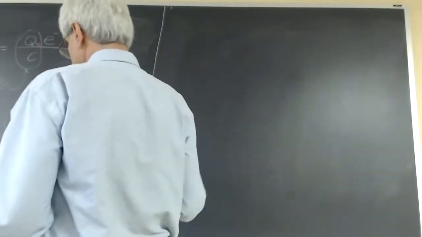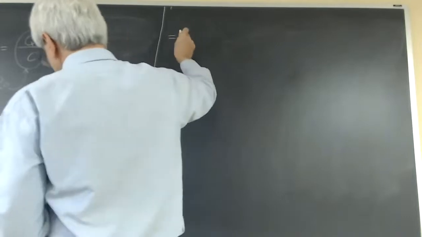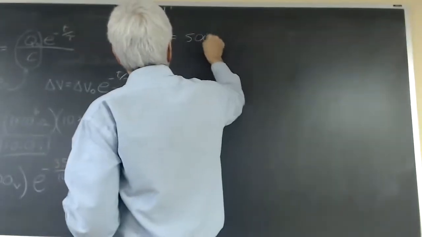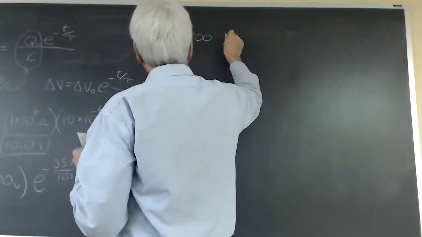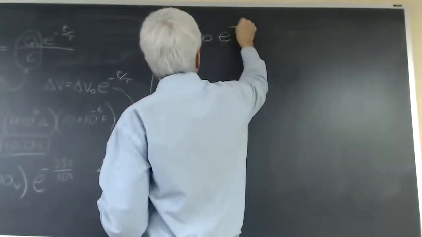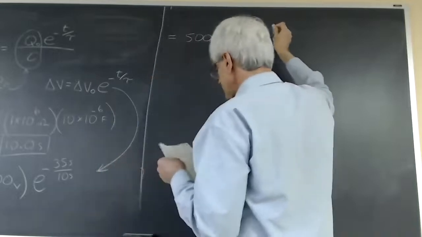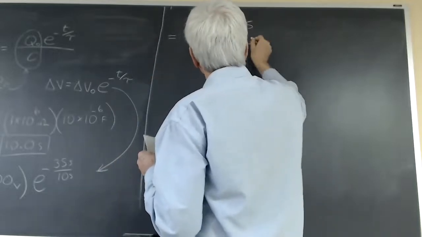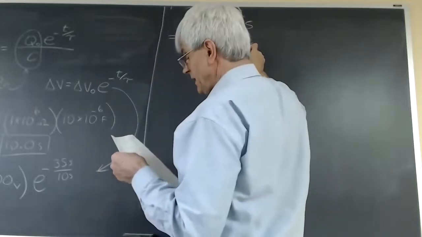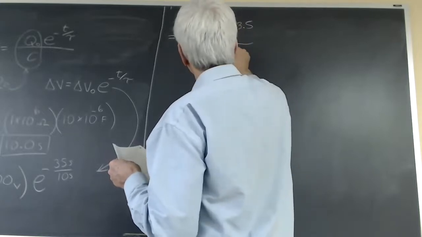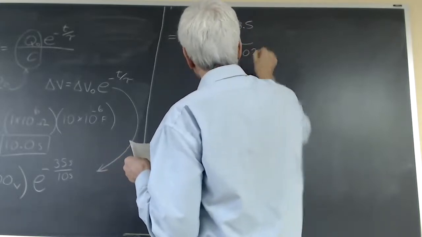So we've got 500 e to the negative 3.5 power. The exponential by itself is 0.0302.